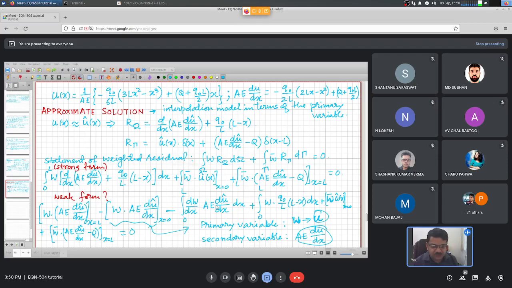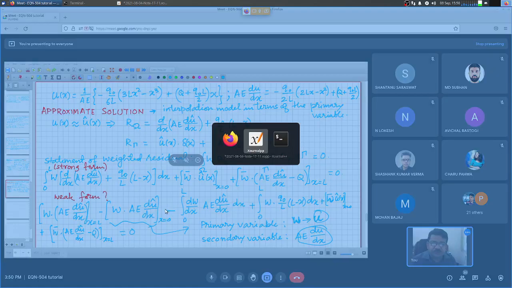So therefore, this domain integral should exist, and in this case, the lowest degree polynomial that will allow this domain integral to exist is first degree. Even a first degree approximation for u hat would be enough to ensure that this integral exists.